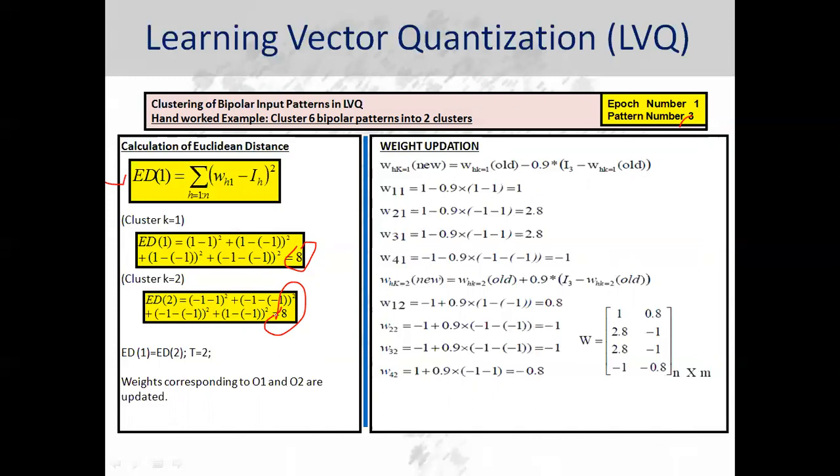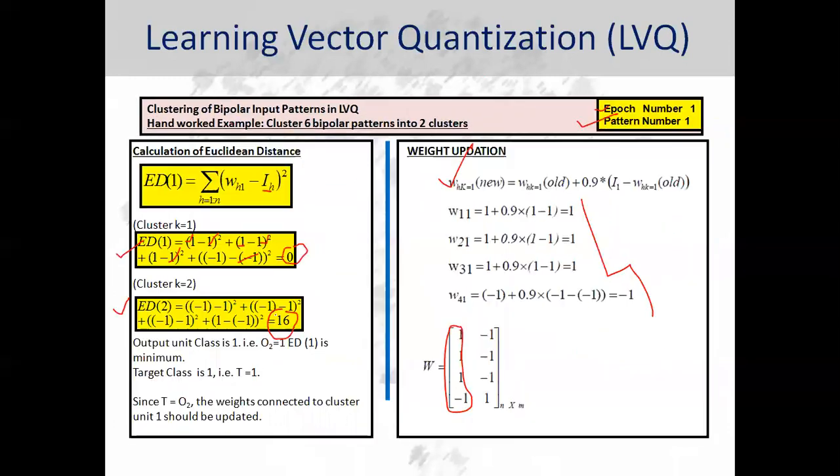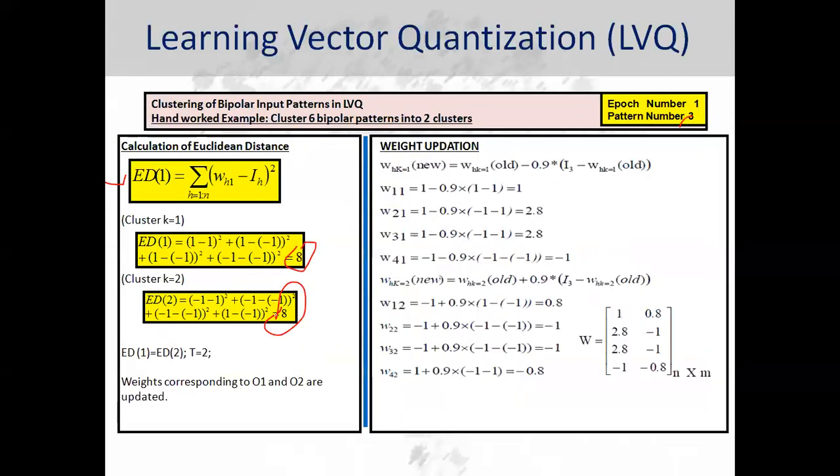The third pattern of your input was belonging to class number 2. It means we'll be updating the weights for cluster number 2 in a positive way using this formula, and the weights of cluster number 1 in a negative way using this formula. So we updated the weights in a positive direction for cluster number 2 and in a negative direction for cluster number 1. And this is going to be our new weight matrix.